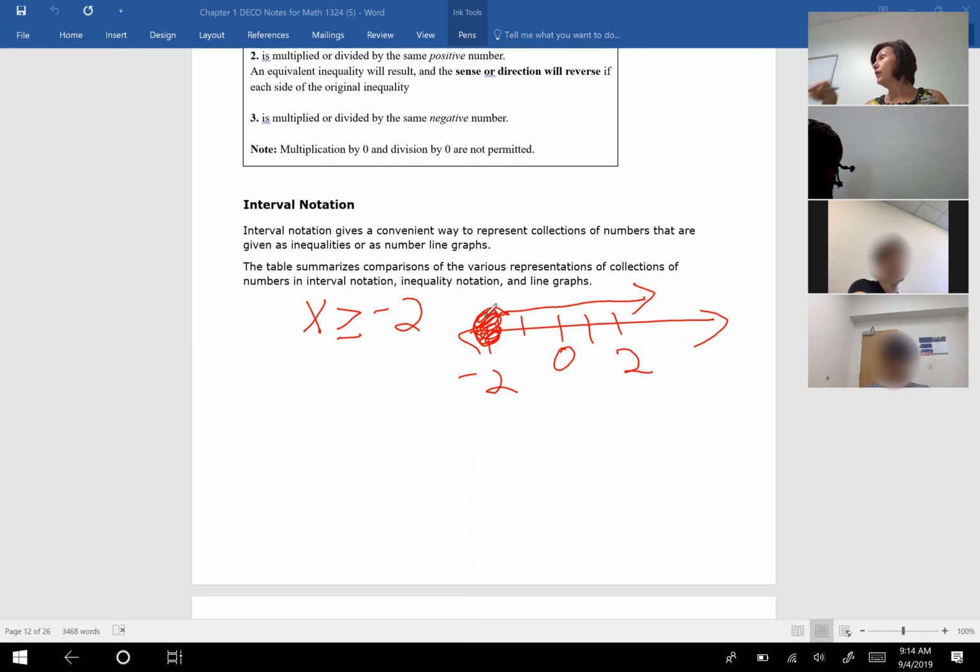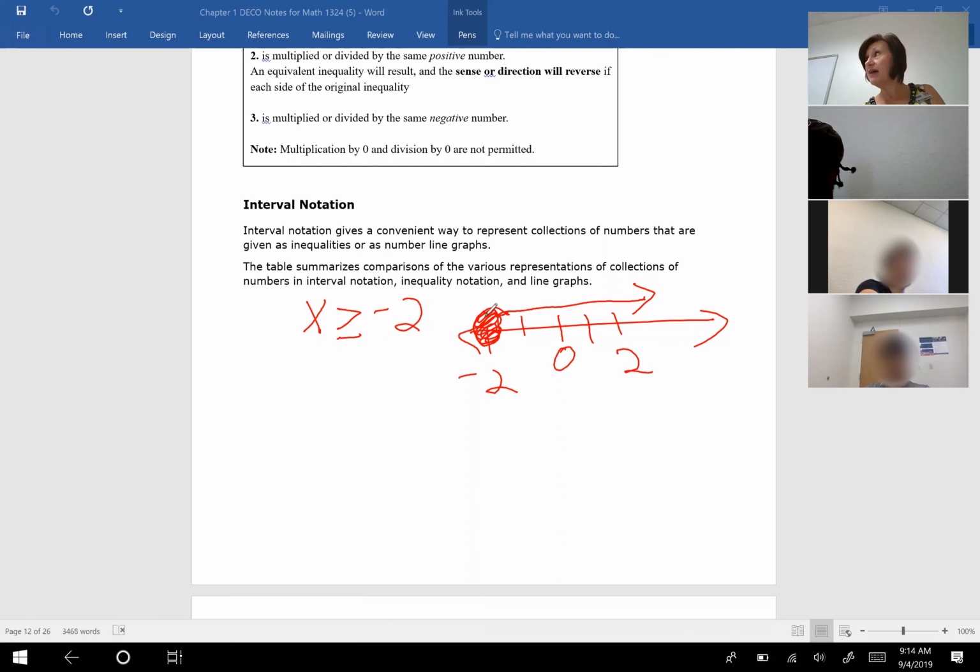Now, if we wanted to express this in interval notation, just like I have to have something different to show between the open circle and the closed circle whether I count that number or not, I've got to have the same thing with interval notation. But it's the same idea. Instead of drawing out the graph, I can say I'm going to start with this number and it's going to go till whatever place it ends.